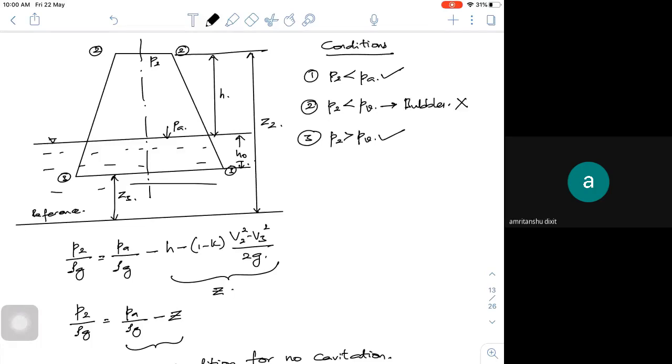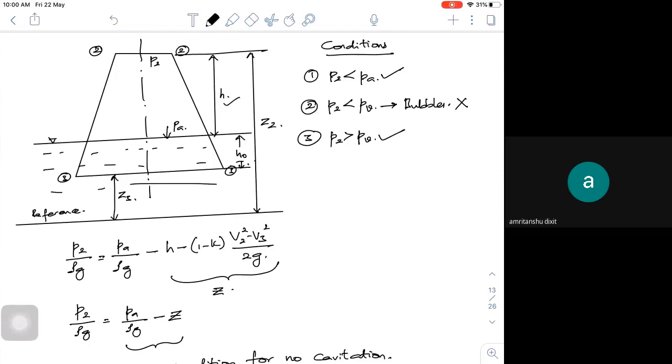That means the exit of your draft tube may at certain times be 10% submerged in the tail race, and at a few times 20%, 25% submerged. So this head H will be varying.